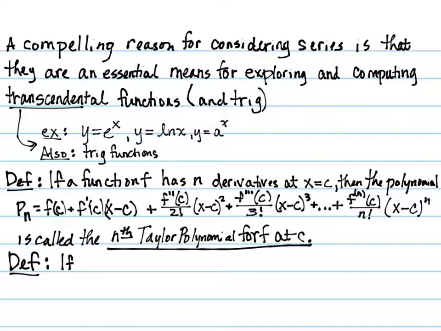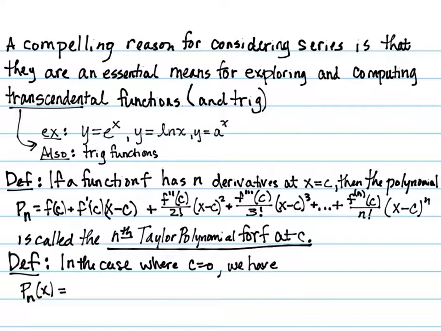Okay, so if a function, or in this case, in the case where c equals 0, we would have P sub n of 0 rather.